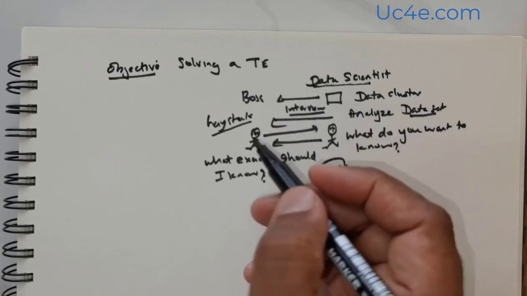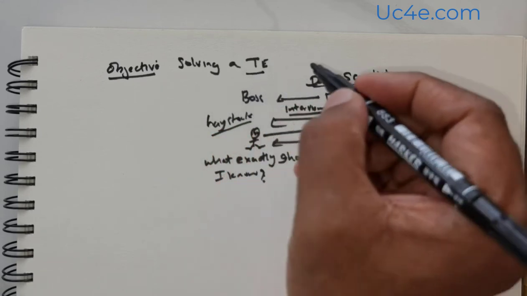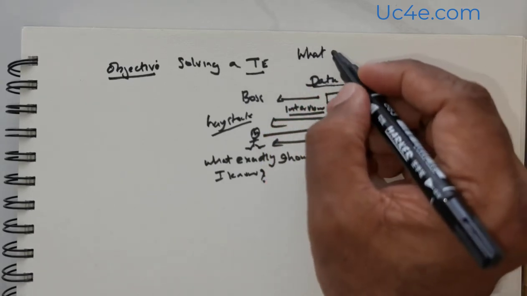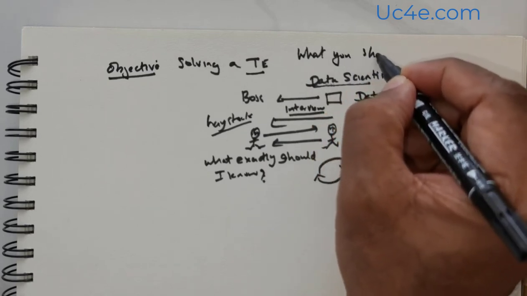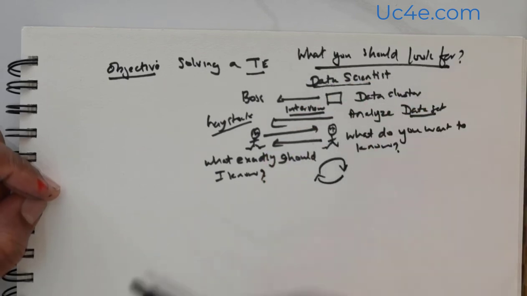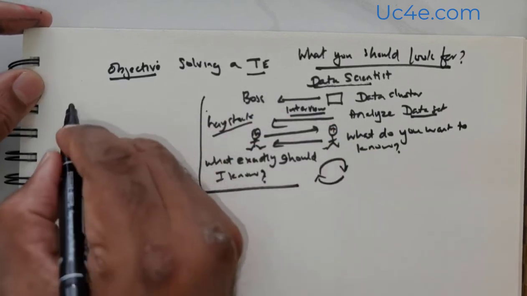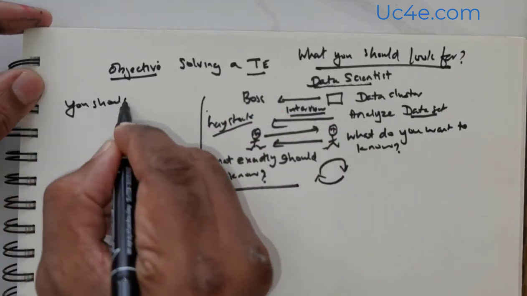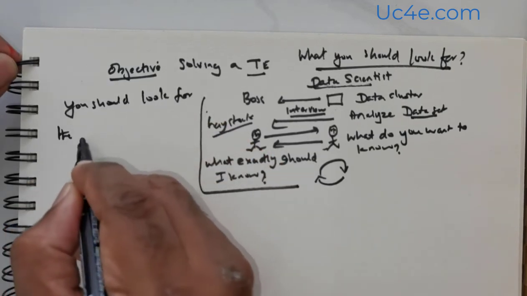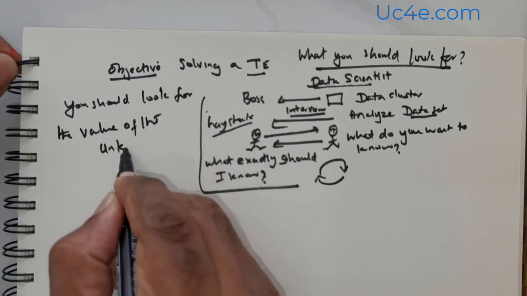So, having mentioned this illustration, to solve a trigonometric equation, you have to first understand what you are looking for, or someone has to tell you what you should look for. Simple as that. So that's why I'm telling you what you should look for. You should look for the value of the unknown.